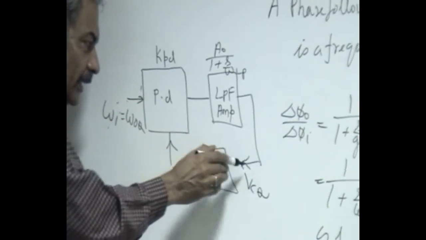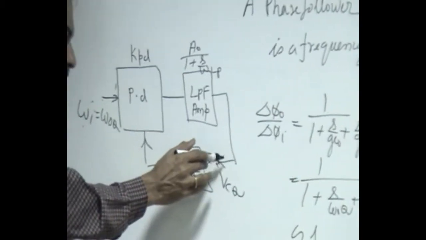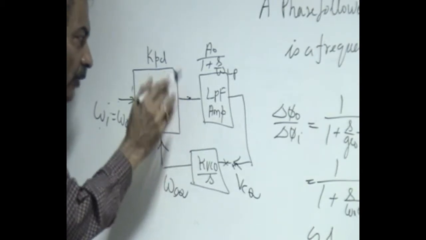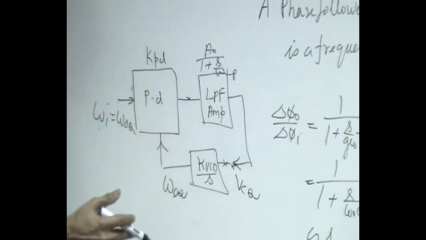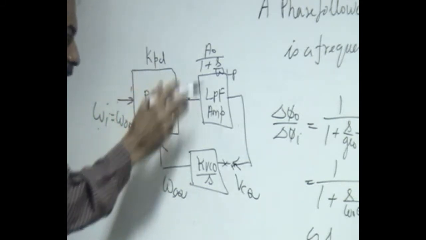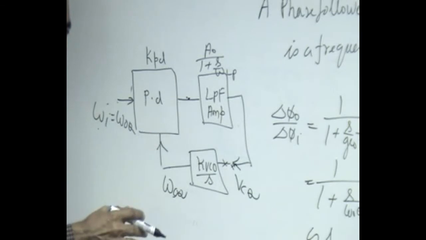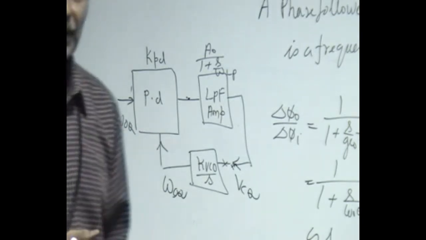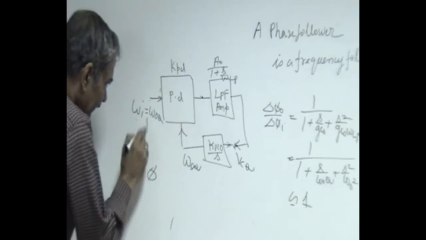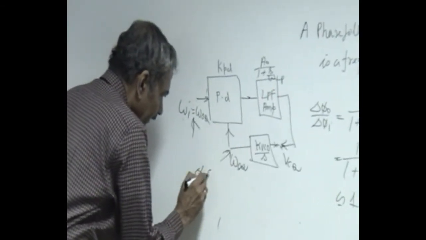Nothing should change here, so nothing should change here. Which means the output here, which corresponds to cos phi, when this is used as a multiplier, this output average corresponds to cos phi. So cos phi has to be 0, or the phase difference automatically gets adjusted to 90 degrees.